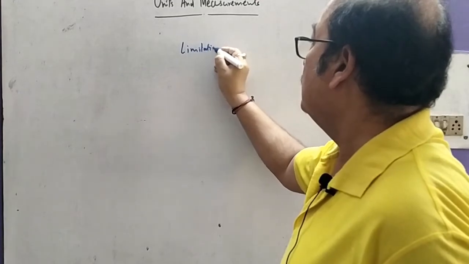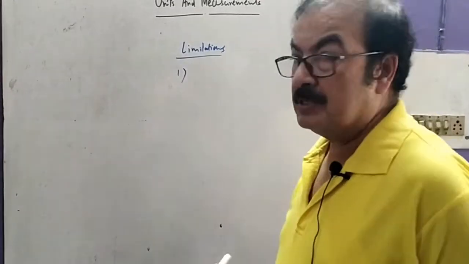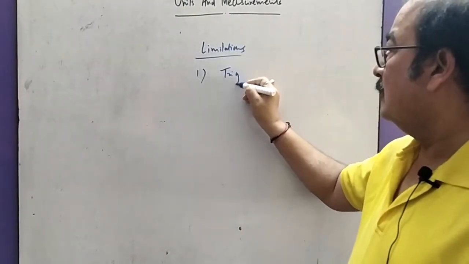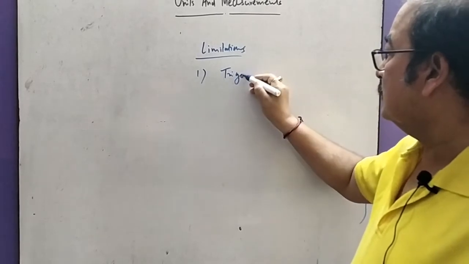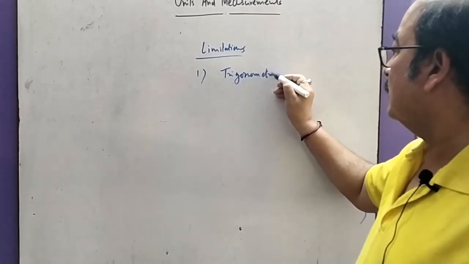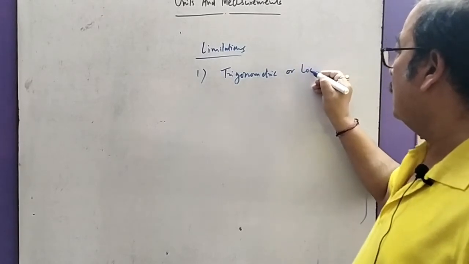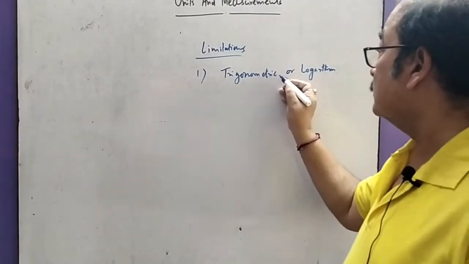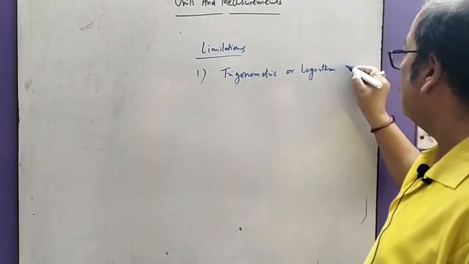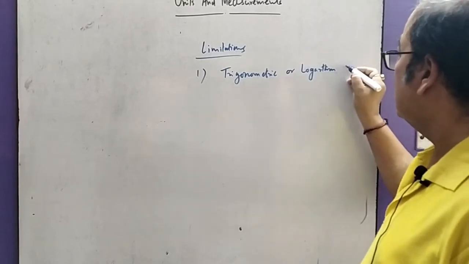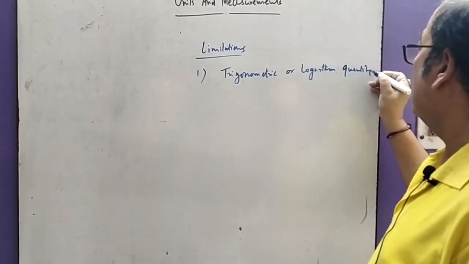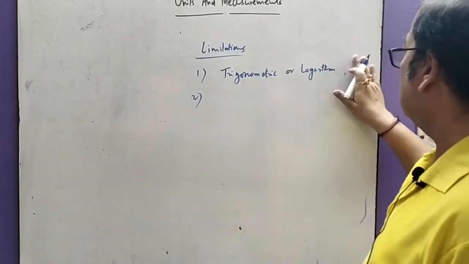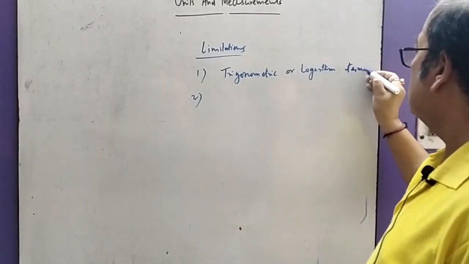Limitation number one: the dimension method cannot be solved for trigonometric or logarithmic quantities, or rather terms.